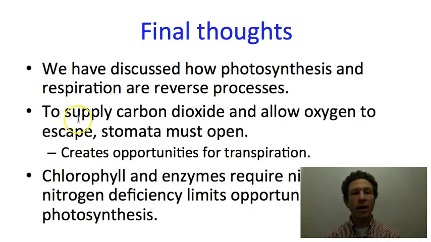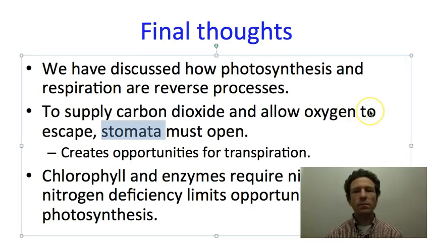Next, I want to tie in what we've talked about with photosynthesis to what we talked about with water movement in plants. Remember that in photosynthesis, we need a supply of carbon dioxide. We also need to allow the oxygen gas, which is a waste product, to escape. And for both of these to happen, stomata, or the openings on plant leaves, must open.